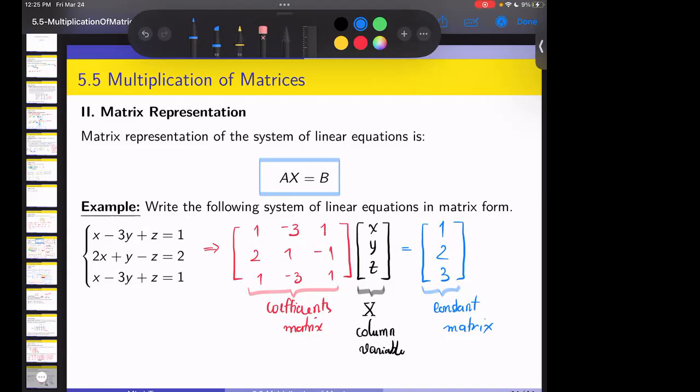So far, so good. That's just the introduction. If I give you a system of equations, you should be able to write it in that form.